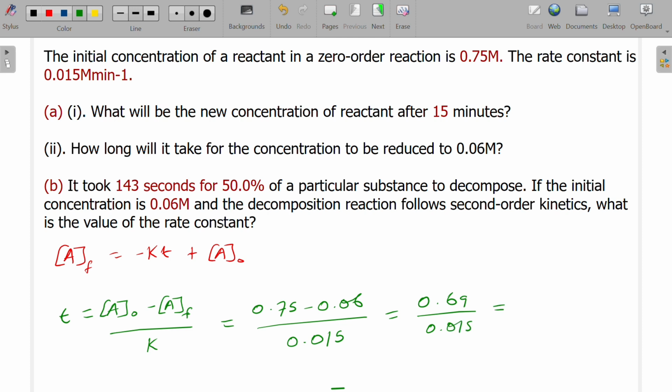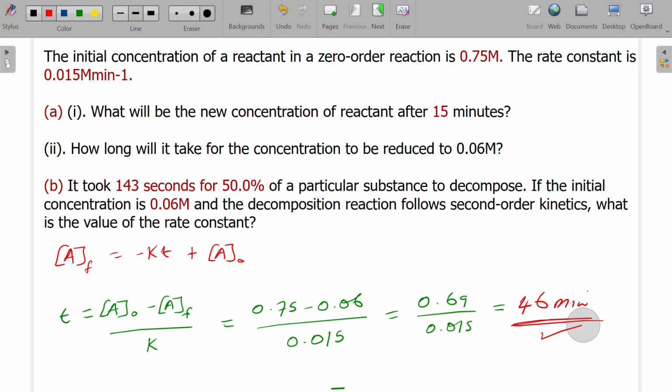When we divide, according to my calculator, our final answer is 46 minutes. So it will take 46 minutes for our concentration to change to 0.06. That's our answer for part 2.